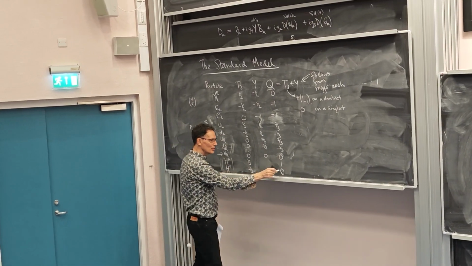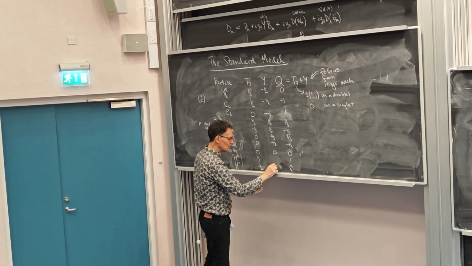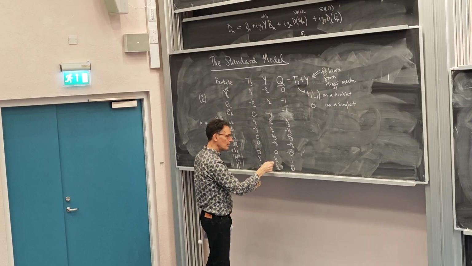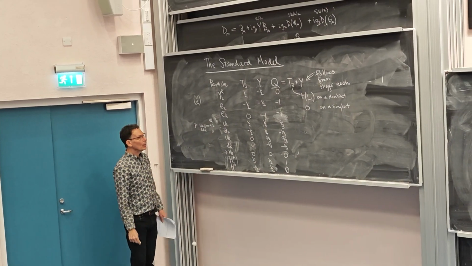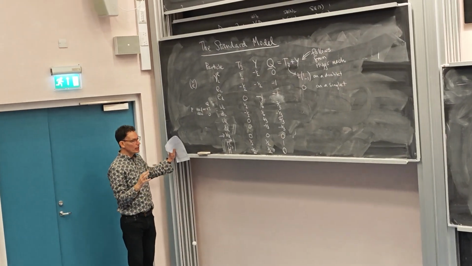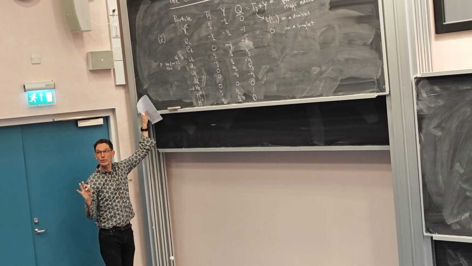So H0 has charge 0, has T3 of minus a half, so it must have hypercharge of half. The upper component has to have that same hypercharge, and therefore its charge must be 1. Okay, so that's it. So if you know this table, and you know the covariant derivative, you know the Standard Model. There's nothing more to it.